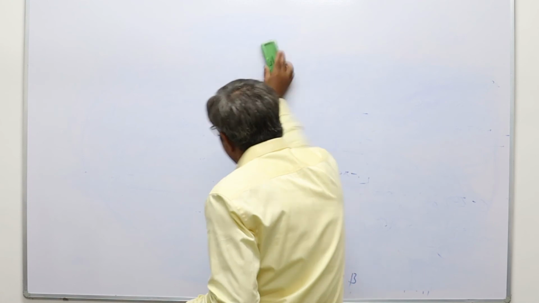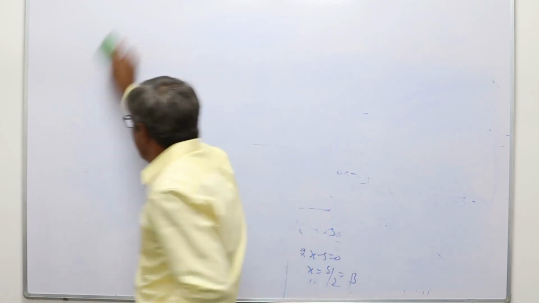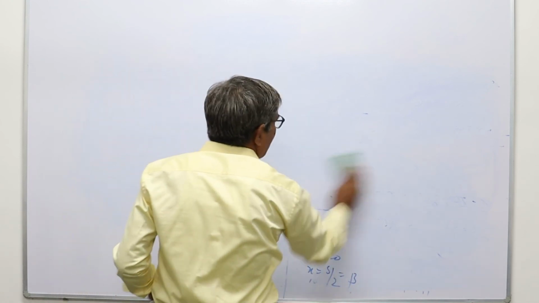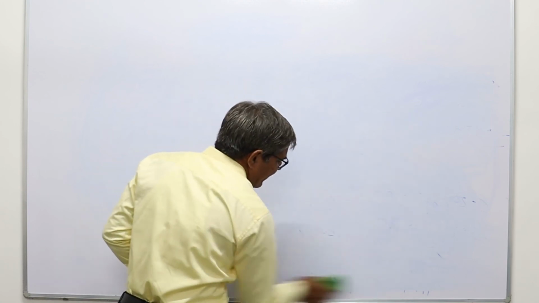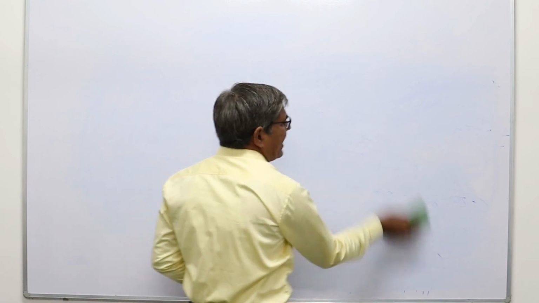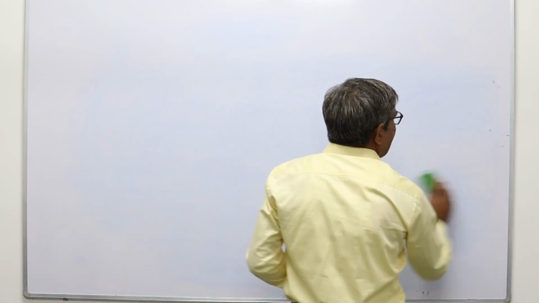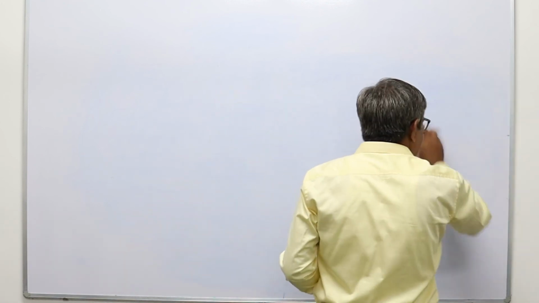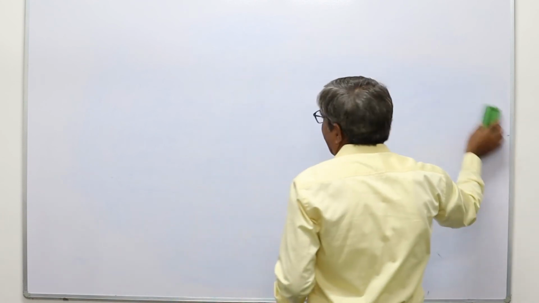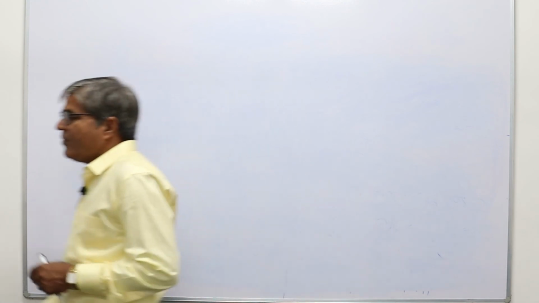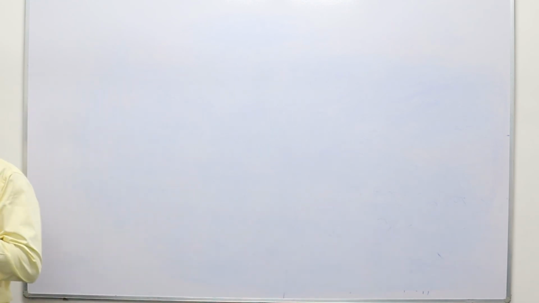So in this way, when the sum of zeros and product of zeros are given, then directly using the formula we can find the required quadratic polynomial, and then resolving it into its prime factors, putting equal to 0, we are also able to find the required zeros.